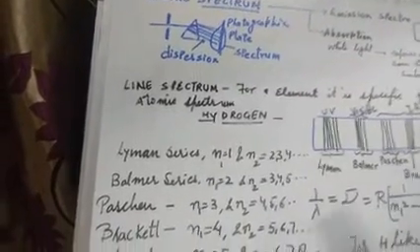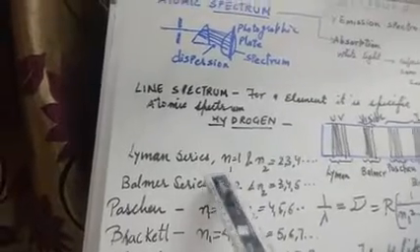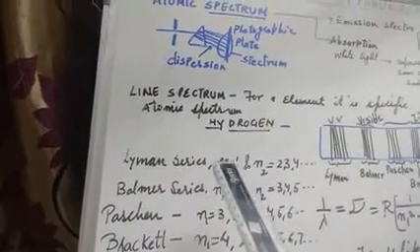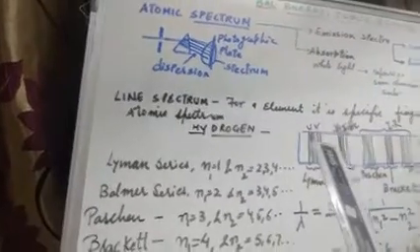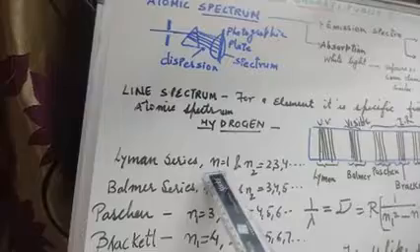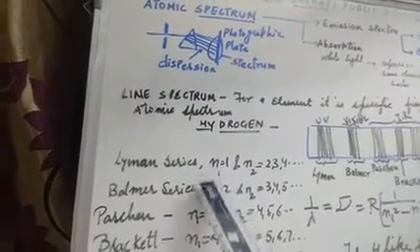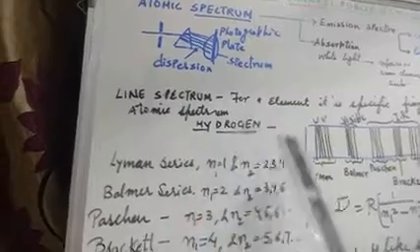So those orbits are the n values. n1 meaning which orbit? n equal to 1 means K, n equal to 2 means L, n equal to 3 means M, then N, like that.